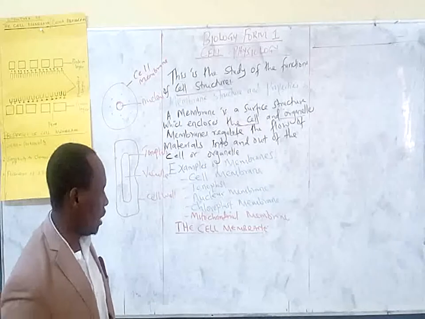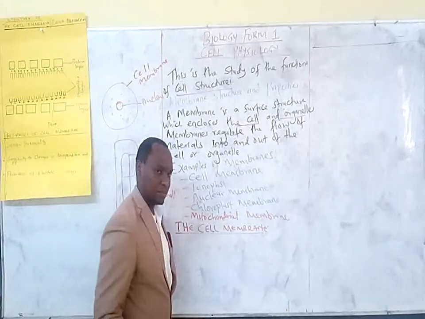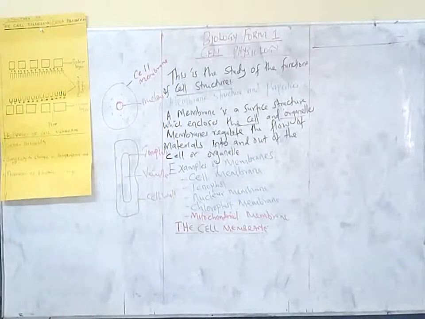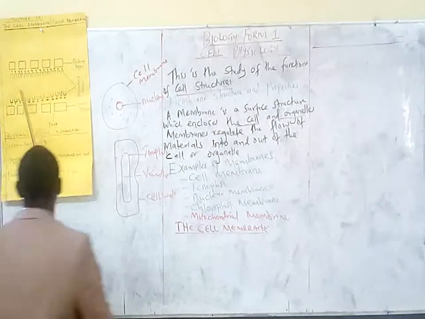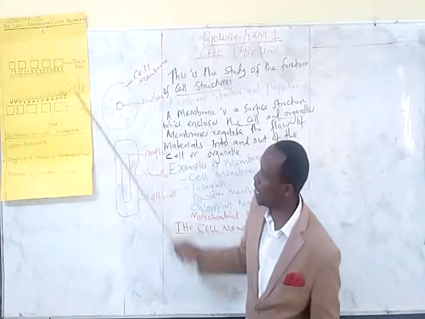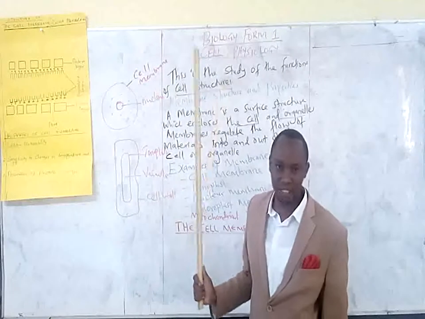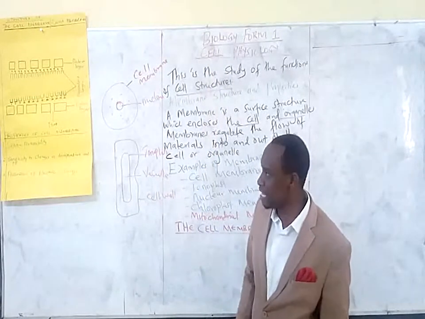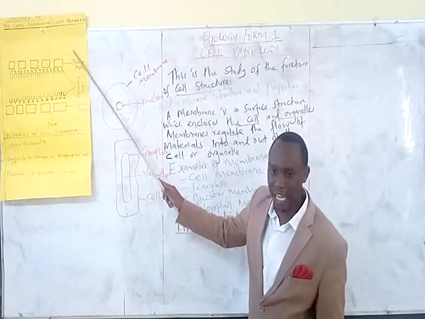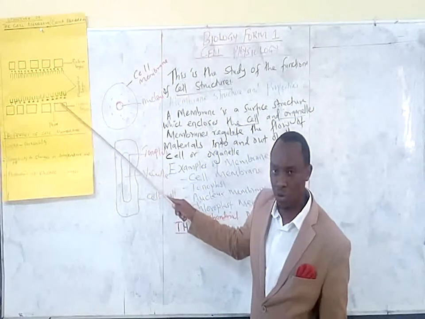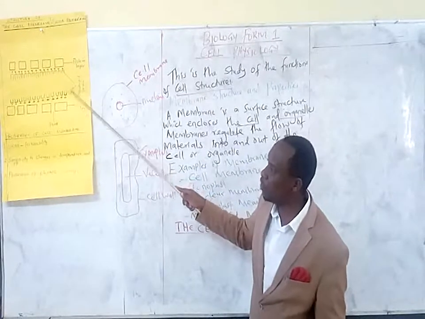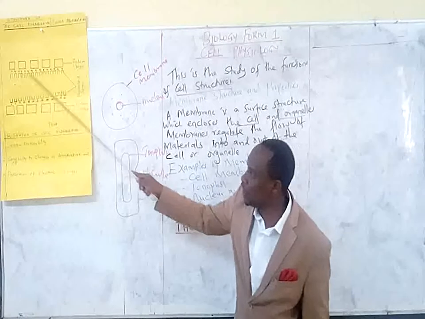Now, dear learner, today we will look at the cell membrane, a very important type of membrane. Look at this now. We have the cell membrane here, and this is how it looks like. It is made up of 3 layers. 2 protein layers, and another phospholipid layer sandwiched between the two.